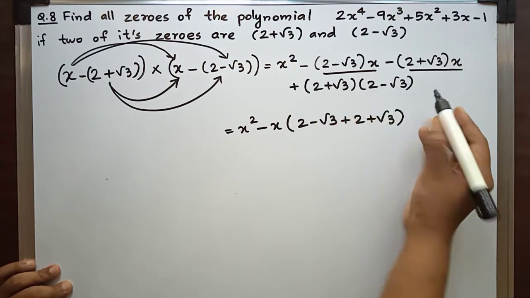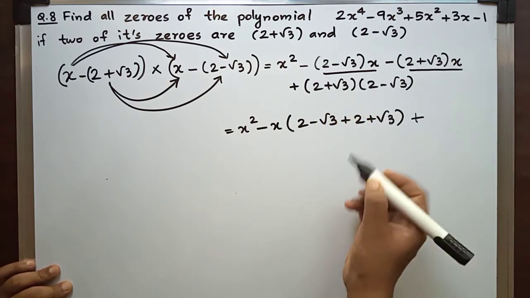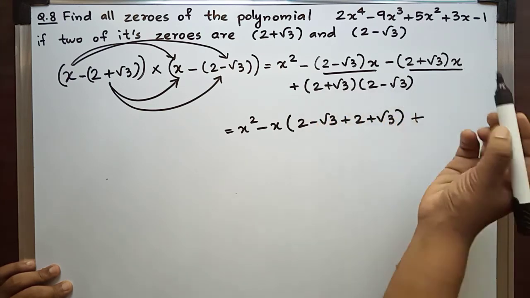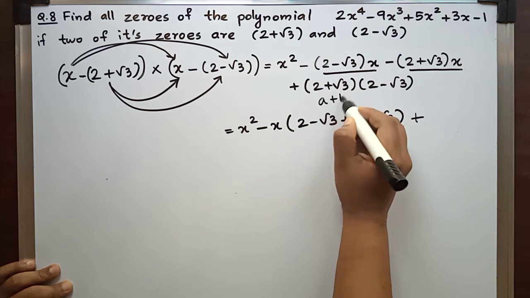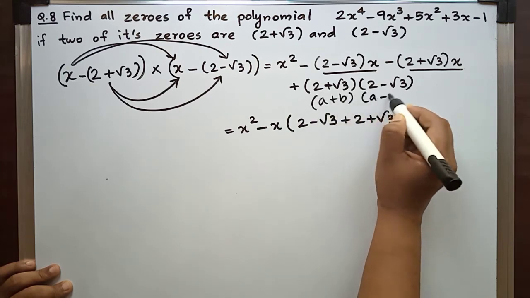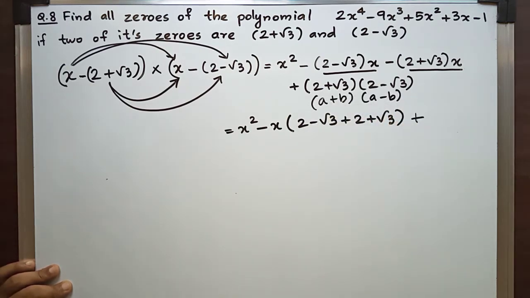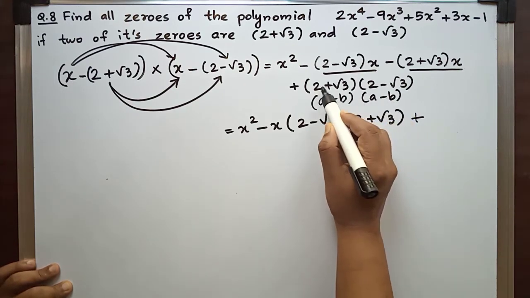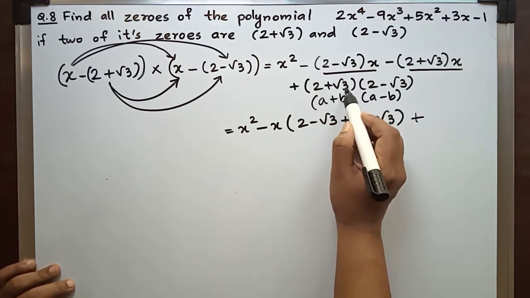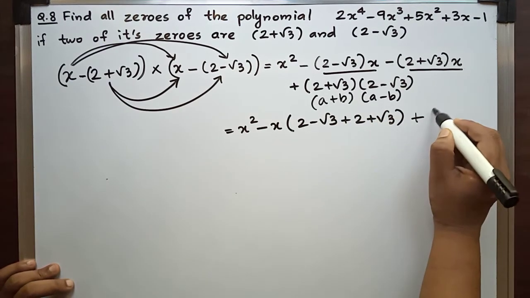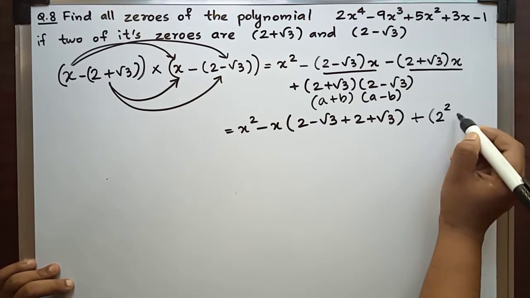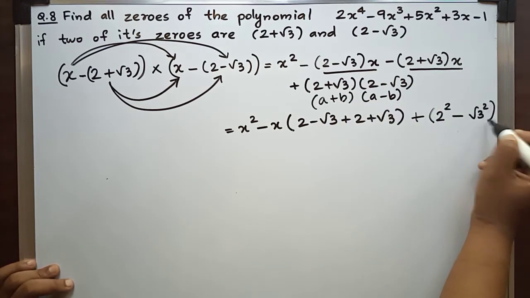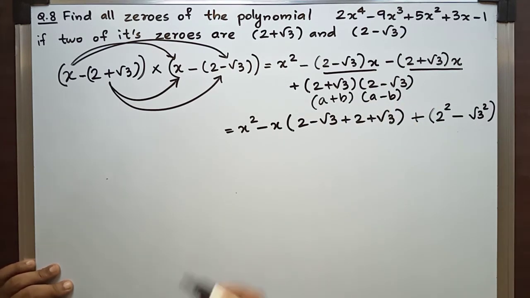Now the last term is plus (2 + √3)(2 − √3). This is like (a + b)(a − b), and we have learned that identity: it is a² − b². Here a is 2 and b is √3, so we get 2² − (√3)².